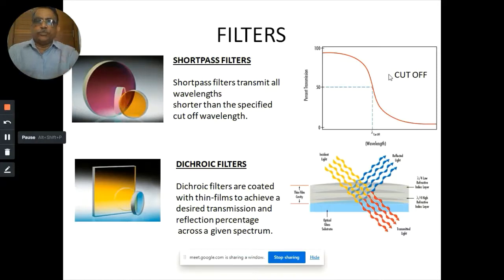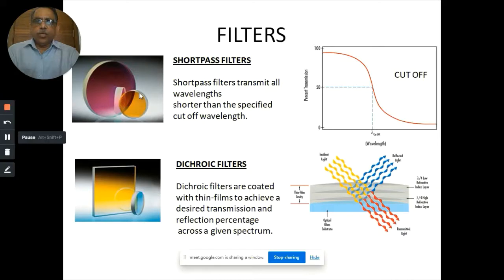Now this is a short pass filter, where it transmits shorter wavelengths and cuts off longer wavelengths. So this is the way the filters are available. You can look at suppliers of instrumentation, where you can find a variety of filters in different wavelength regions.